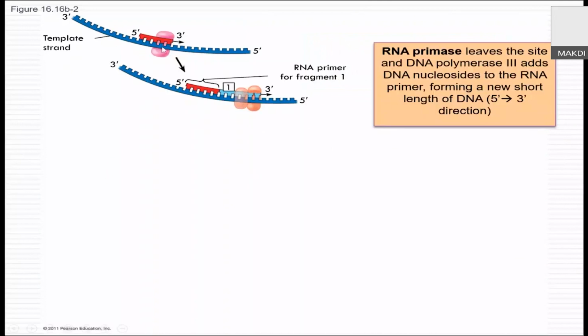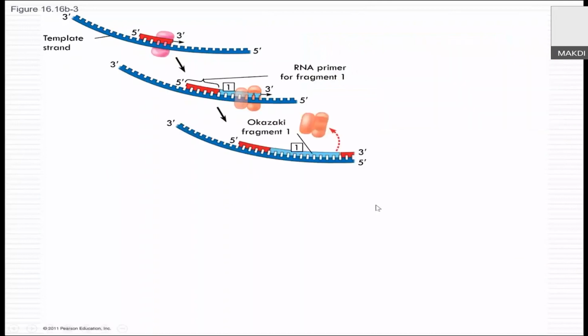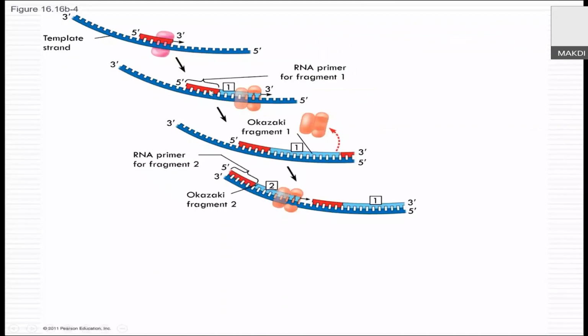This one is the first fragment, with its own primer. Then the DNA polymerase will add DNA, yang biru tu DNA. Then the primase, they add another primer, and then the DNA polymerase will synthesize again the second fragment.